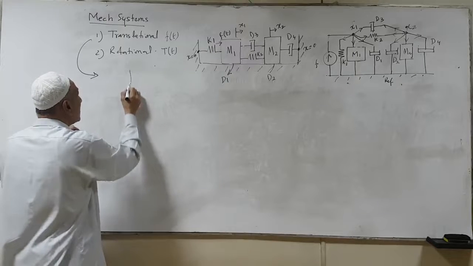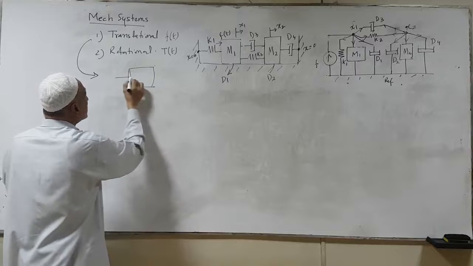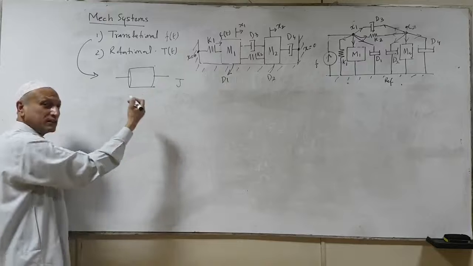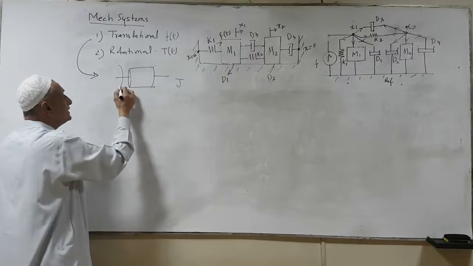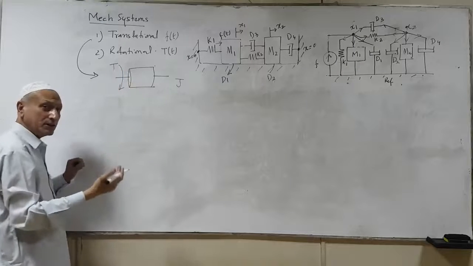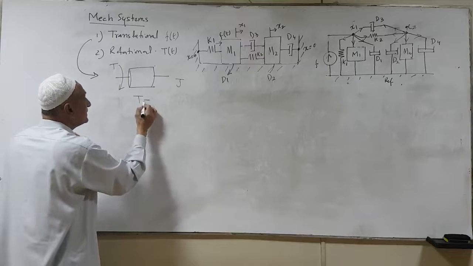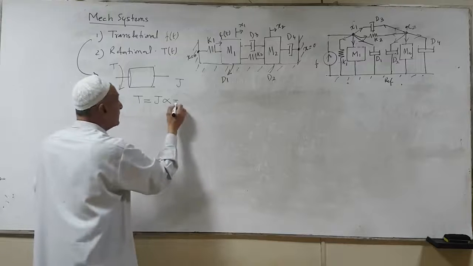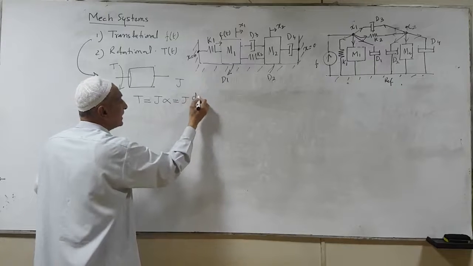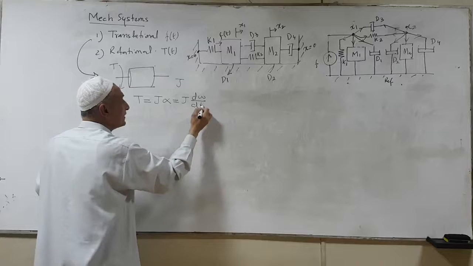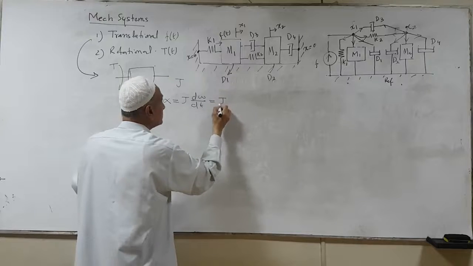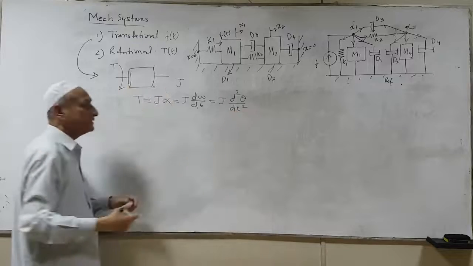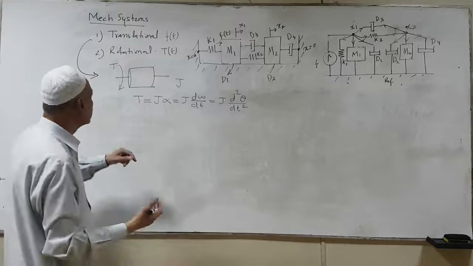So a mass is anyhow a rotating quantity, and that rotating quantity is denoted by its inertia, which is J. Now when a torque is applied, according to Newton's law, we have T is equal to J alpha, where alpha is the angular acceleration, and then we have J d omega by dt, or we can write this as J d square theta by dt square. That is, theta is the angular displacement in this case.